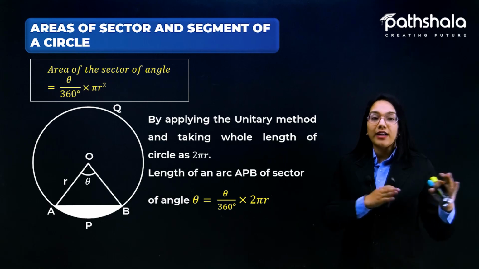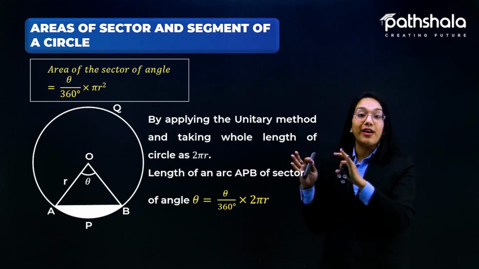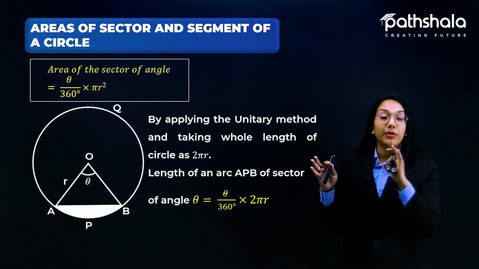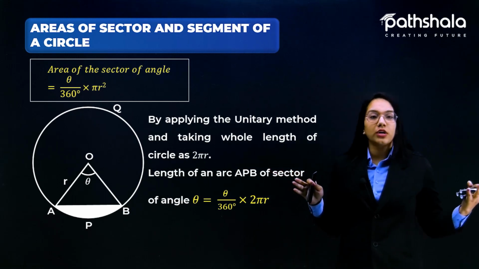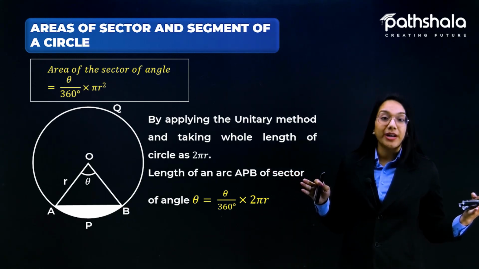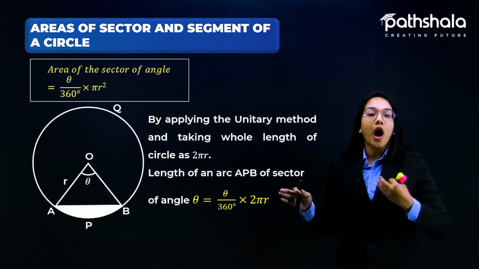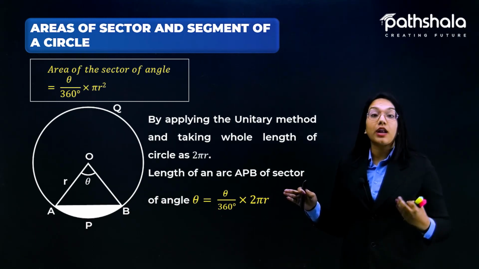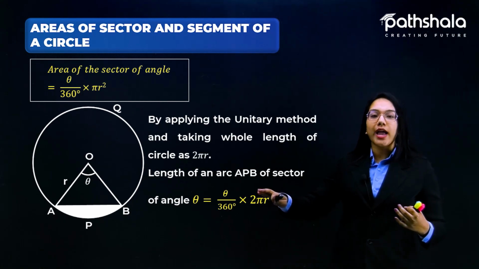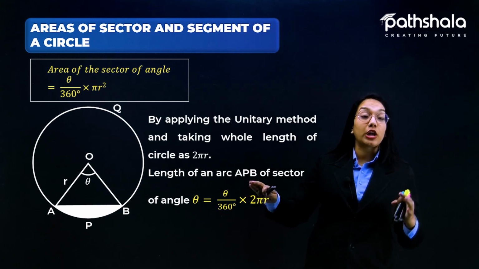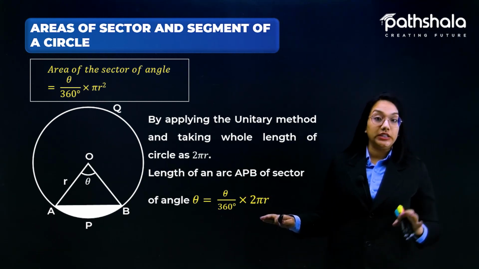Before finding the area of the segment, it is quite important to find the length of the arc. So the length of the arc APB of the sector is theta by 360 into 2 pi r. This is the formula through which you can find the length of the arc APB of the sector of angle theta.